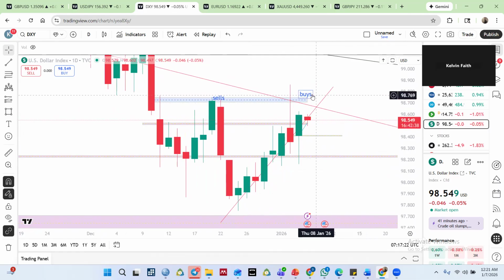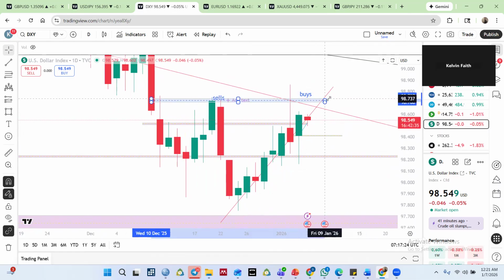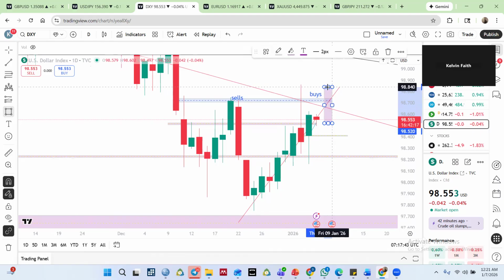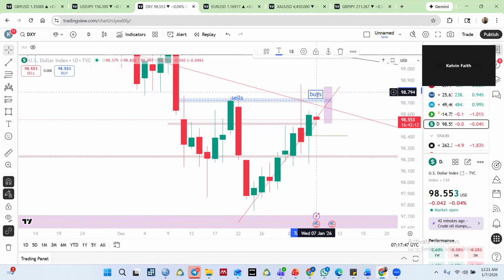The other thing is that right now we look bearish, but let's say today's candle does not close bearish and does not engulf this area. If it's able to hold up and get a body close above these sellers here, I have put this text here, which is buys.